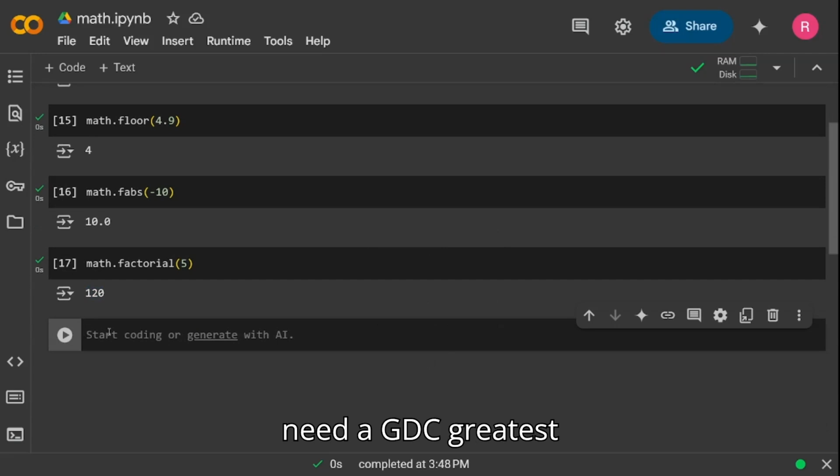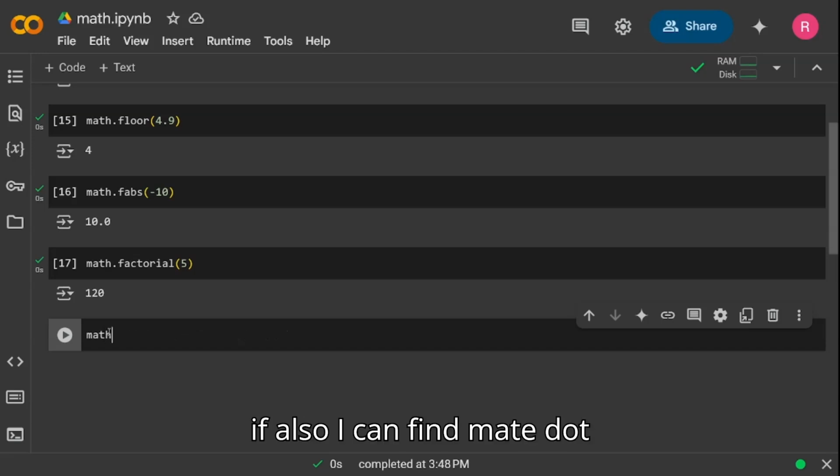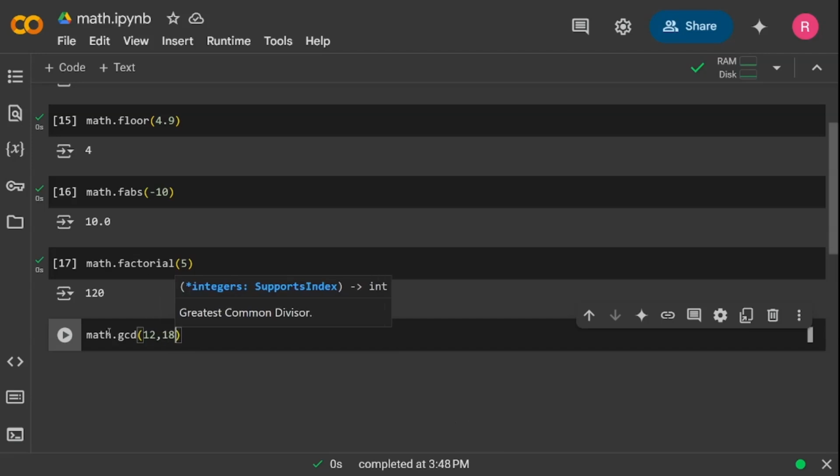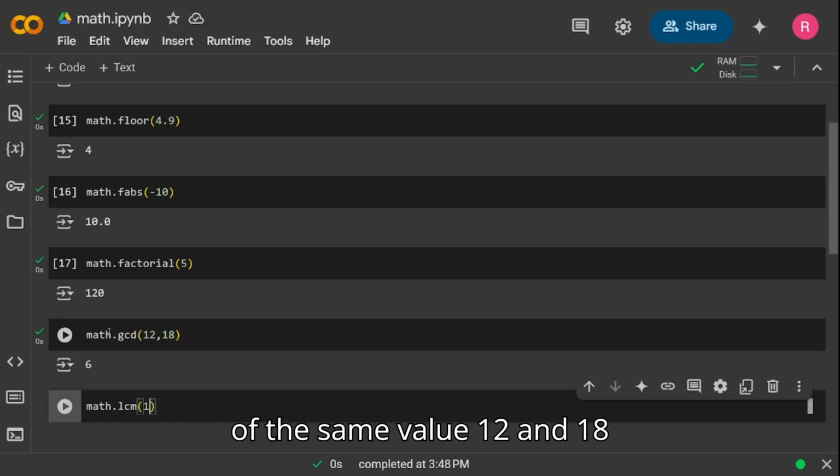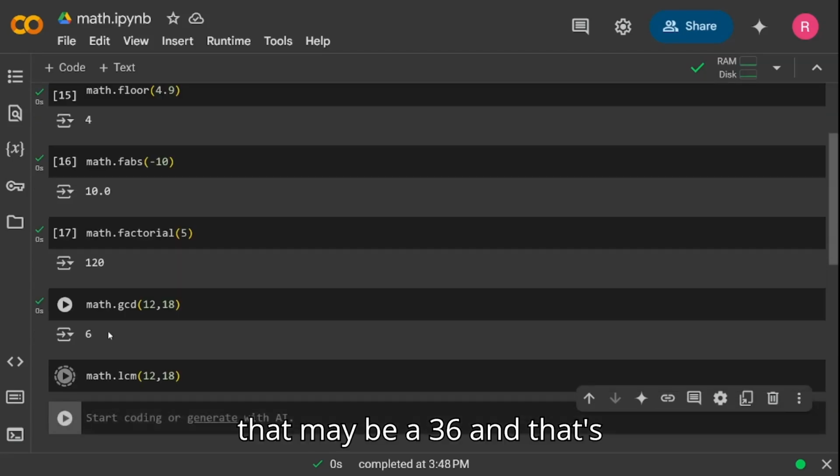If I need the GCD, greatest common divisor, I can also find it with math dot gcd. I need to find it for 12 and 18. It's 6. In a similar way I can find the LCM also of the same values 12 and 18. That may be a 36.